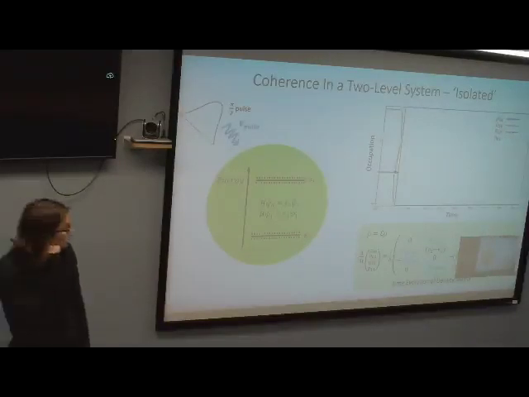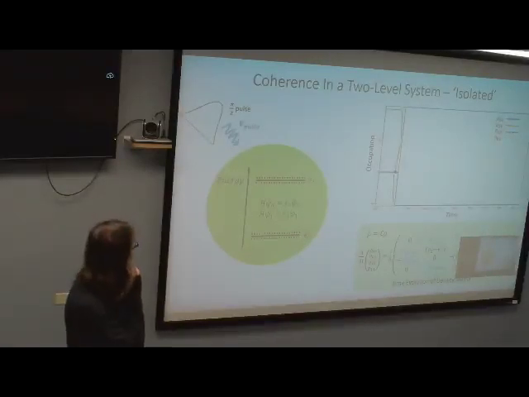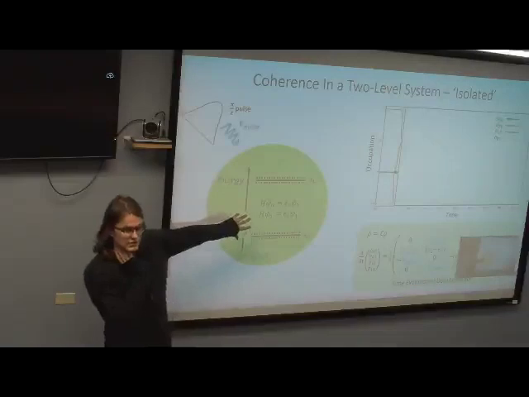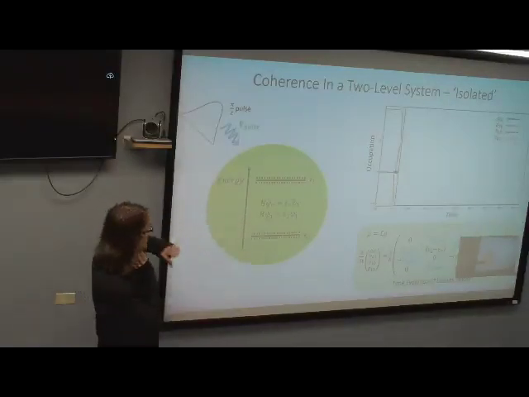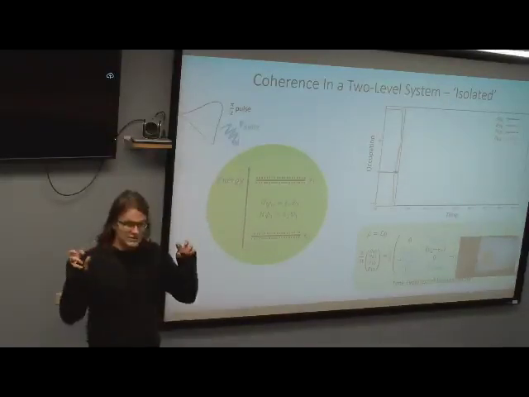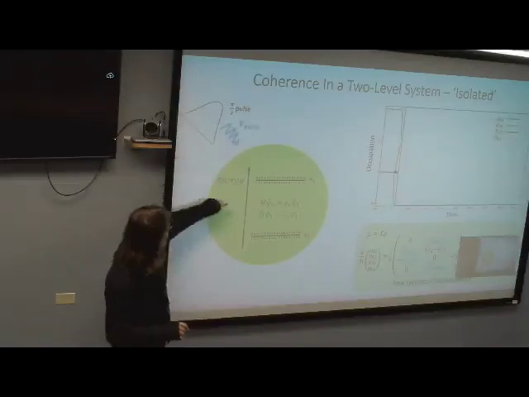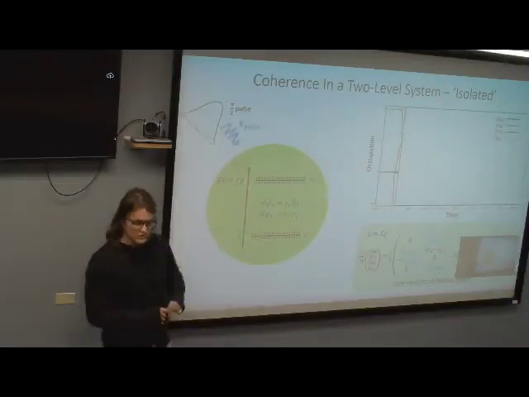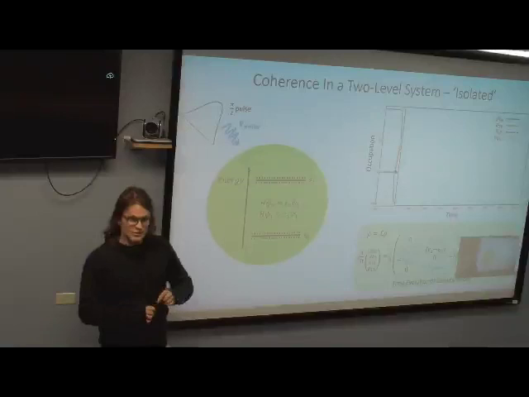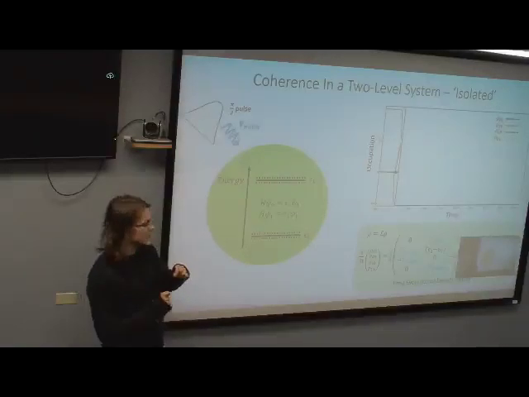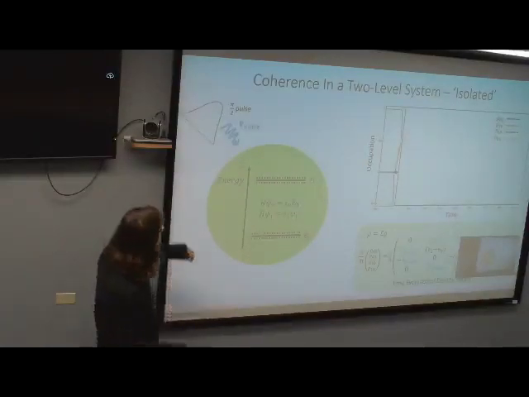My first slide considers a two-level system, isolated by itself. I say isolated because we're going to give it a pi pulse, or optically excite it, so you create some changes in occupations for your two-level system.